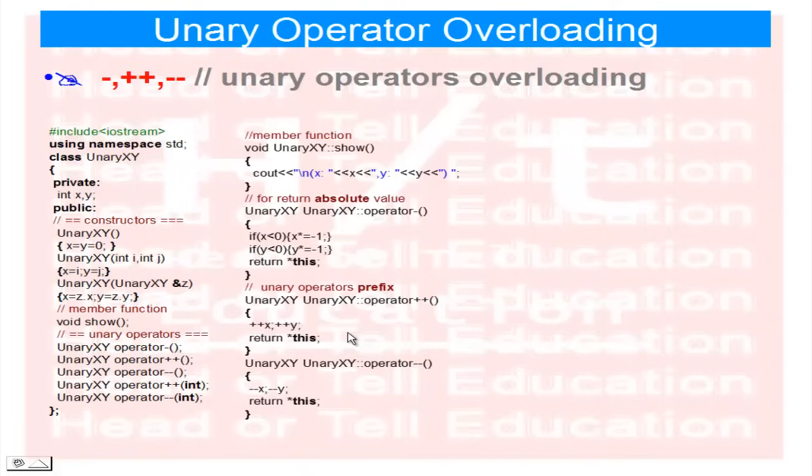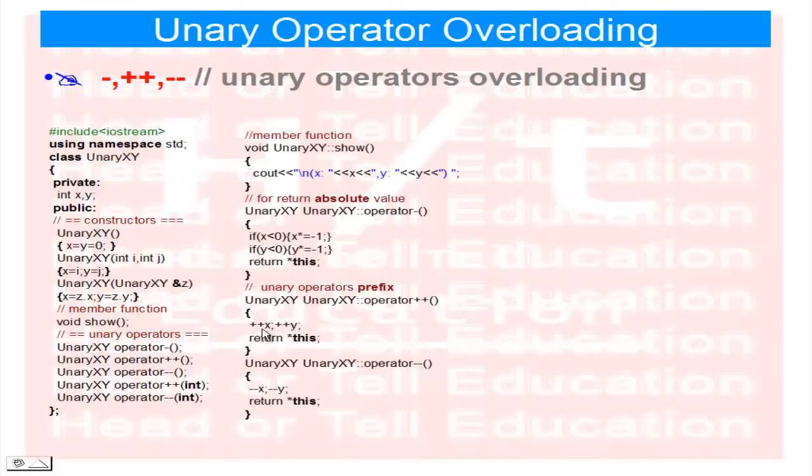Now we know that in C++ we have the unary operators plus plus and minus minus, but in these operators the usage is postfix and prefix. In this function we first create the prefix operator, with return type unary xy because it works for my class, and the function belongs to my class. Unary xy colon colon operator plus plus.